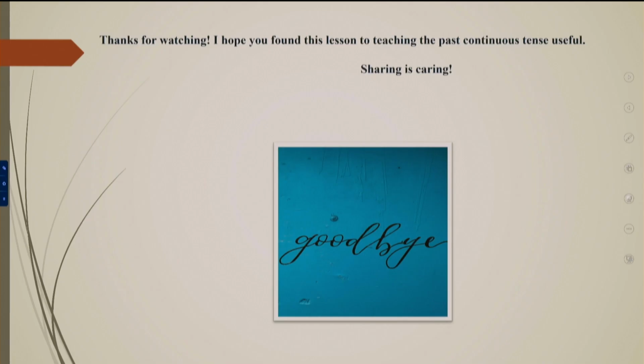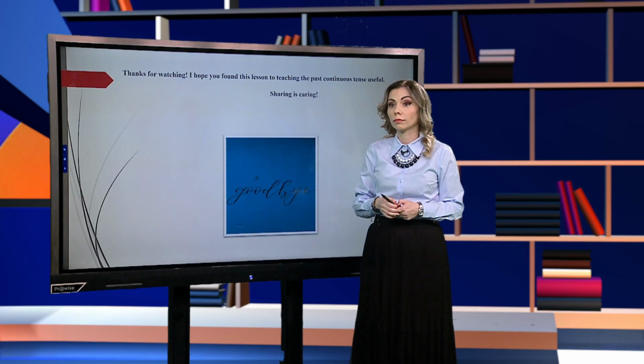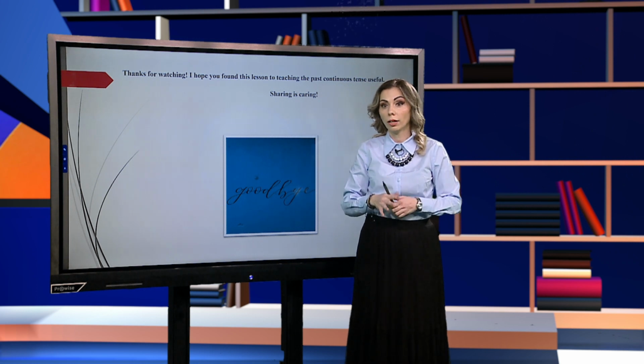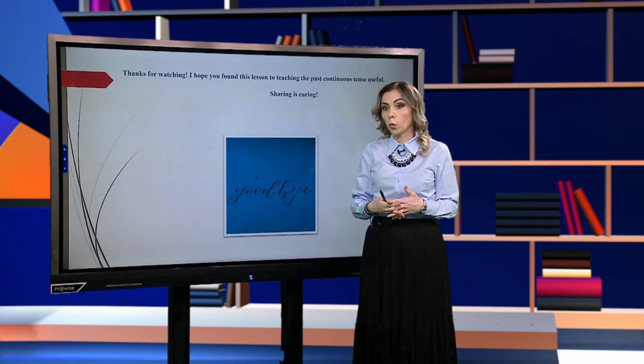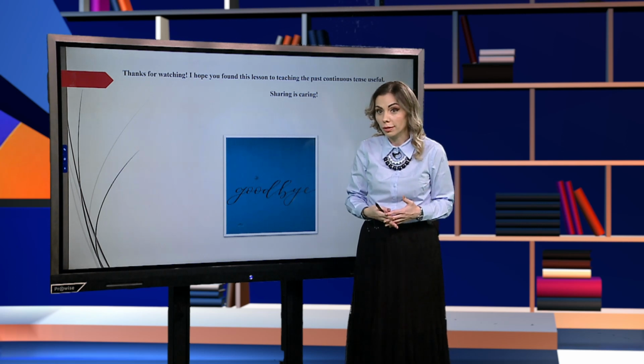Okay, and can you please tell me the interrogative form? Was I playing? Were you playing? Were we playing? Were they playing? Was she or was he playing? Yes, very well. Anna, can you help us and explain how or when do you use the past continuous tense?